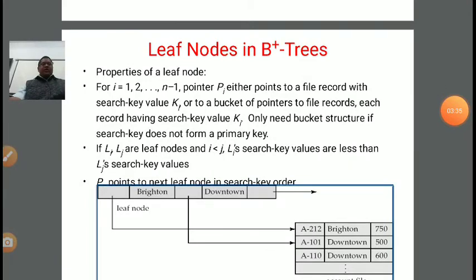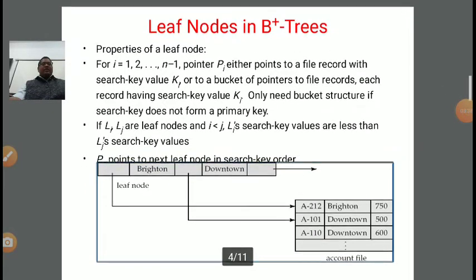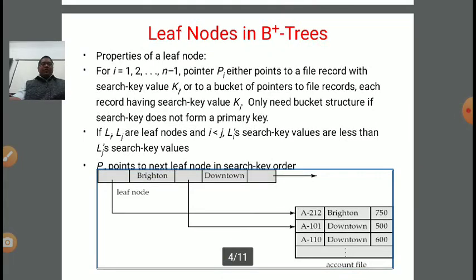A leaf node satisfies various properties. For i equal to 1 to n minus 1, pointer P of i either points to a file record with search key value K of i, or to a bucket of pointers to file records, each record having search key value K of i.